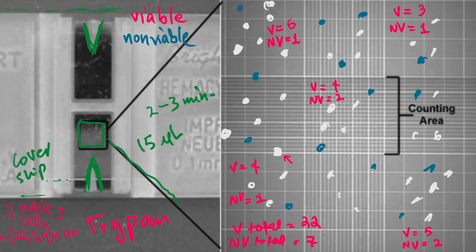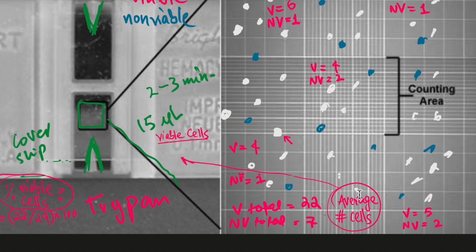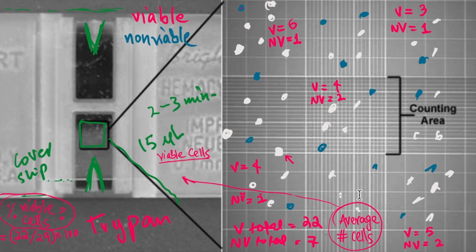We may also be interested in the average number of cells, which could be defined as viable cells per number of squares, which is 5 in our case.